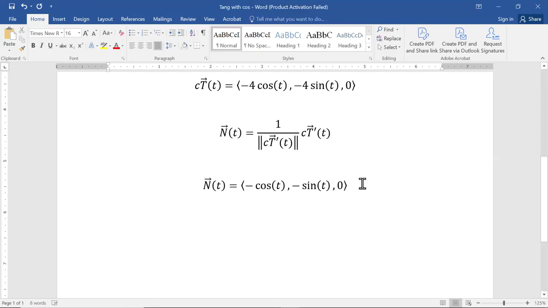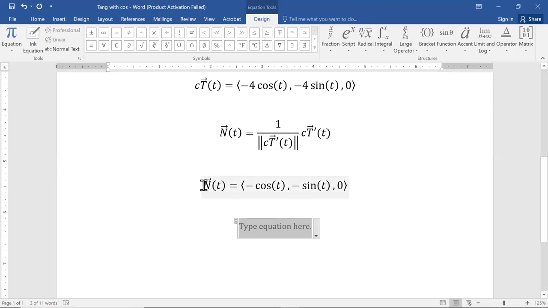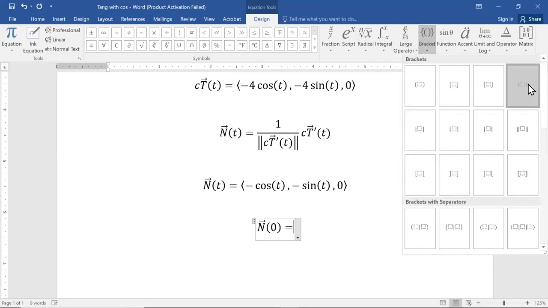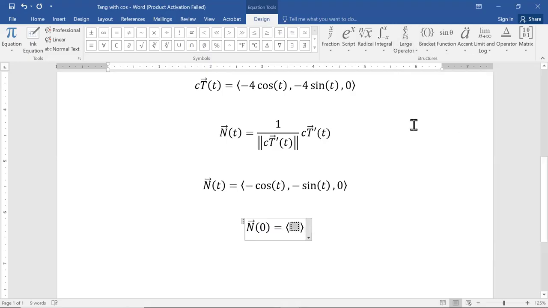Oh, I'm sorry. Before I graph that, let's say we want to take this unit normal vector and plug in a value like 0. What would we get? Plugging in 0 gives me negative cosine of 0, which gives me -1. Plugging in 0 gives me negative sine of 0, which gives me 0.